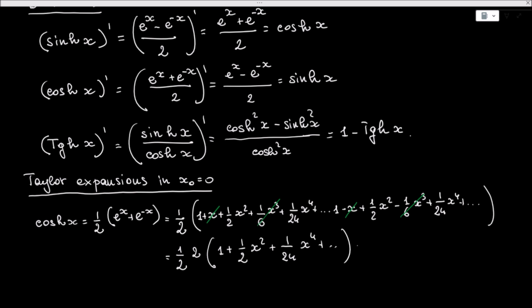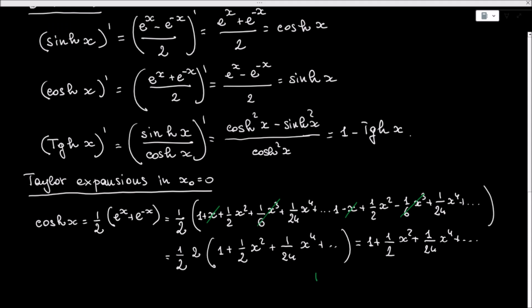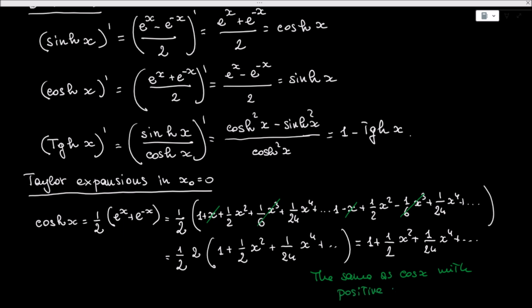So this is nothing else than 1 plus 1/2 x to the square plus 1/24 x to the 4th, and so on and so forth. And notice that this is the same as cosine of x with positive coefficients.